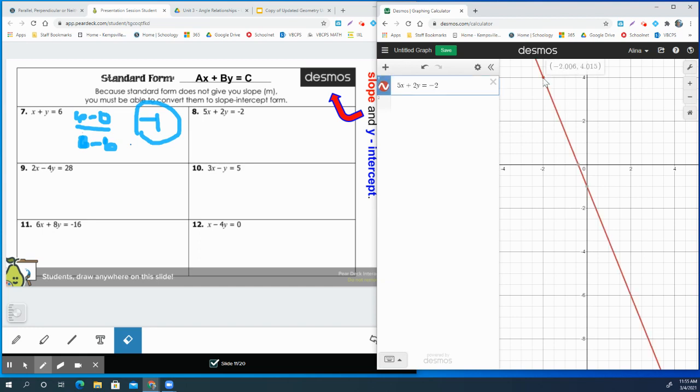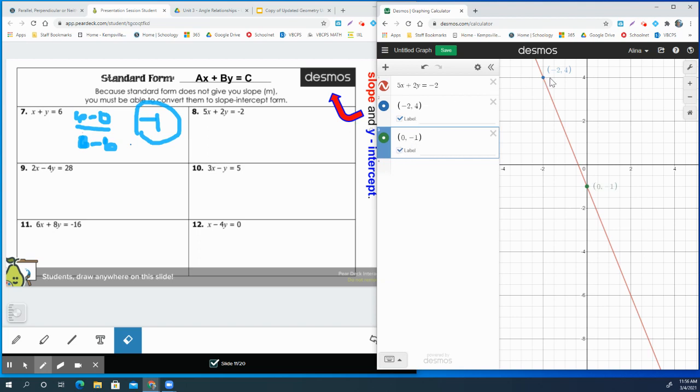So I see a good point here at -2, 4. You can always type that in, -2, 4. And then label it, make sure it's a good point. Anybody see another good point? 0, -1. And that's the hardest part with this kind of process, is to find those good points.